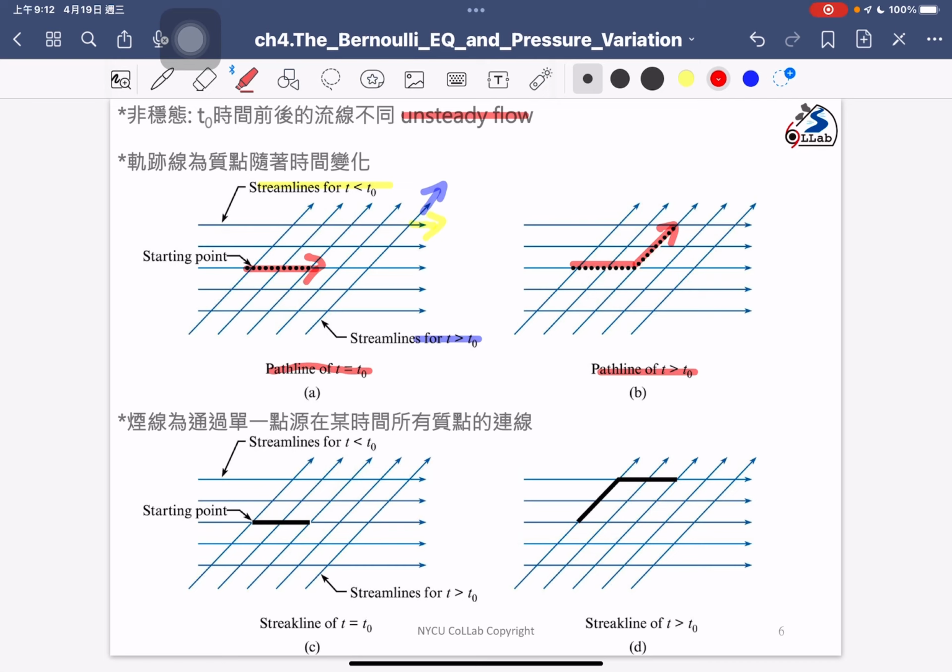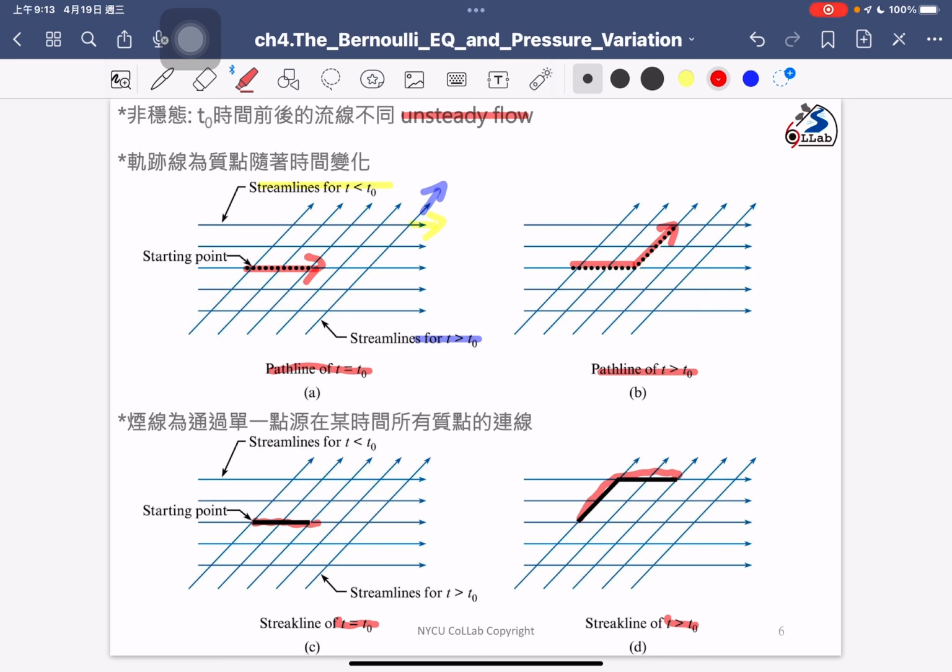Okay, so how is it different for the track line? Again, you can see initially, for the time point at t0, the black solid line here is our track line. But when we change the time larger than t0, finally the track line changes to something different compared to the path line. So you can see the difference if you compare the path line and the track line.